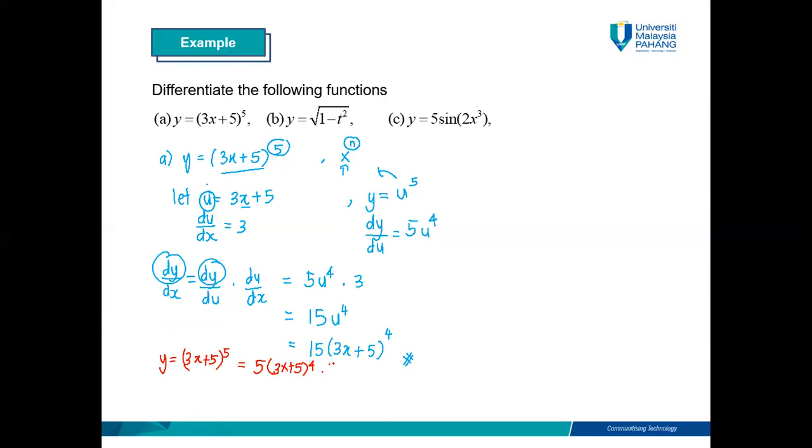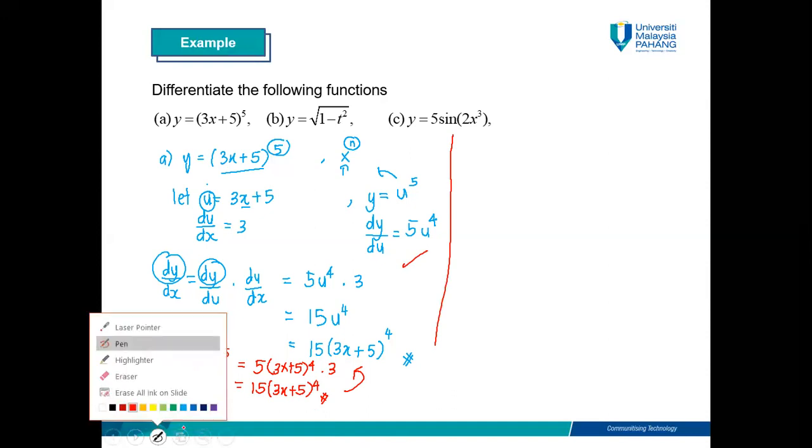Differentiate 3x plus 5, you got 3. So 5 times 3, 15 times 3x plus 5 power of 4. Sama tak jawapan dengan ni? Sama. Okay, but if the question asks you to use a chain rule, then you have to show all of this method. Okay, so we move to the next example.